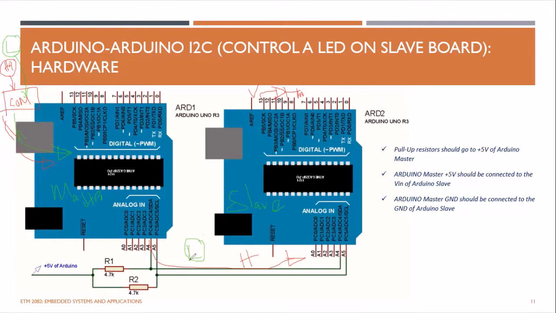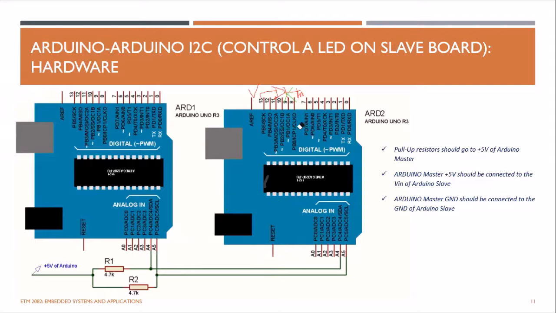So it will send this letter L to the slave, and this LED will be turned off, right? So now I'm using both serial communication and I2C. I2C is used to communicate between these two Arduinos. And in order to send a few commands, I'm using my computer, which uses the USB port and serial communication.